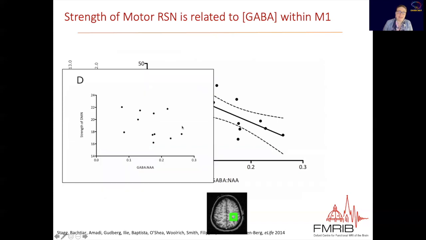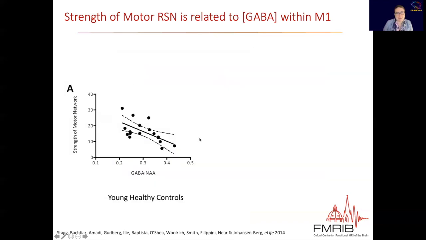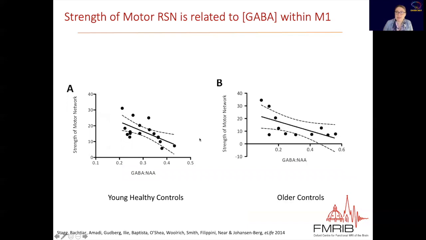This was specific in terms of anatomy. So the GABA in your M1 didn't tell you anything about the strength of your default mode network. And specific neurochemically, so your GLX, glutamate-glutamine, didn't tell you anything. And we replicated this in another data set in young adults and another data set in healthy older adults.